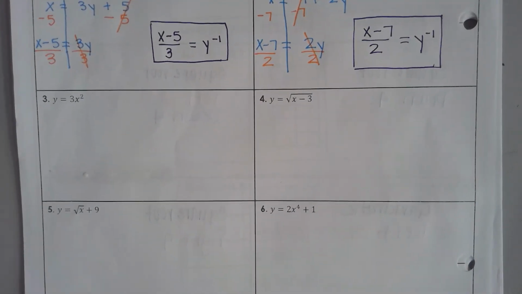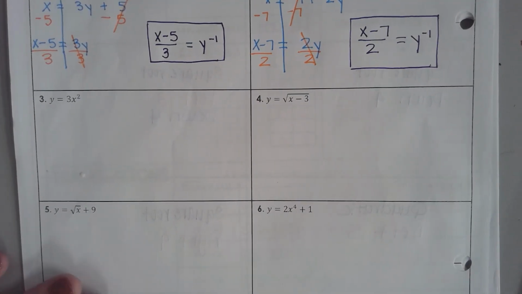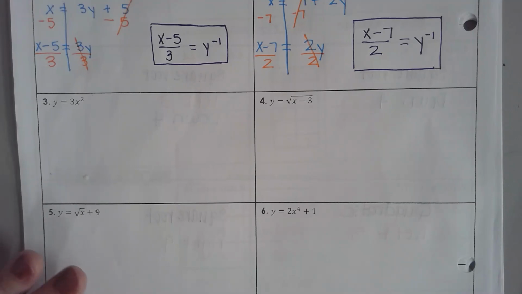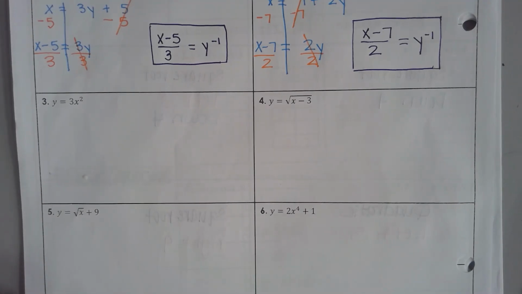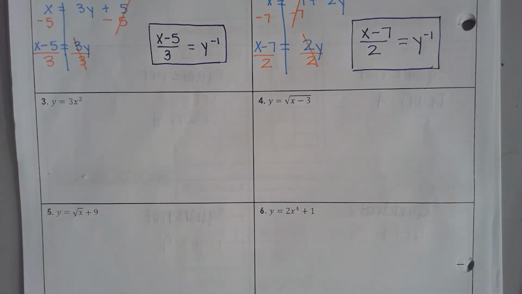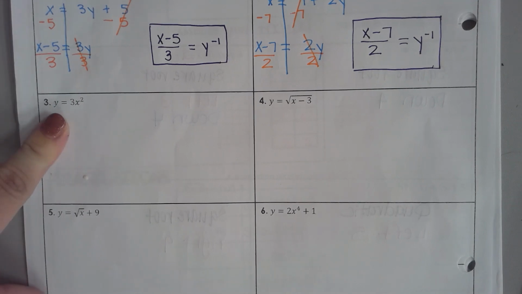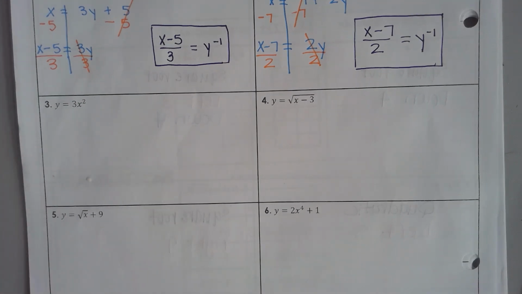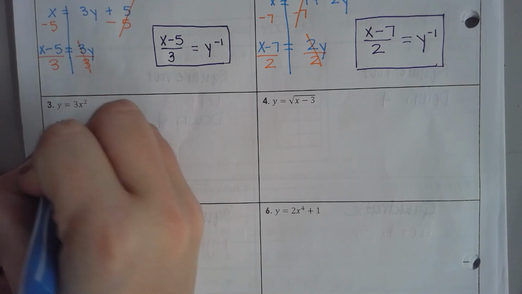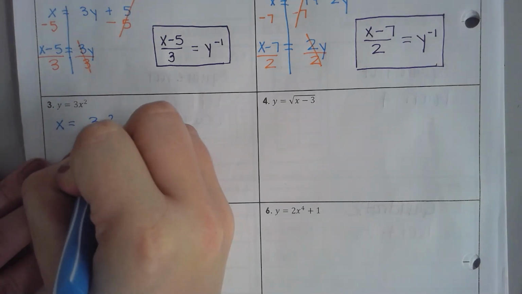Alright, number 3. I gave you one like this on your boards that you worked on. y equals 3x squared. So we first want to switch the x and the y. That's how we find the inverse.